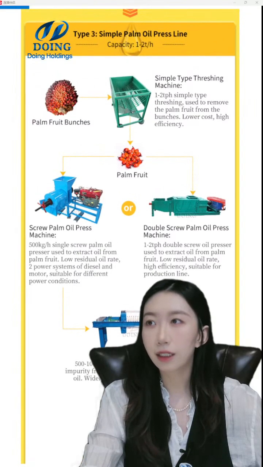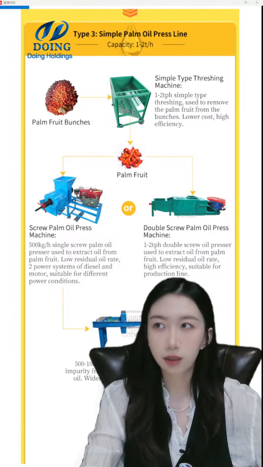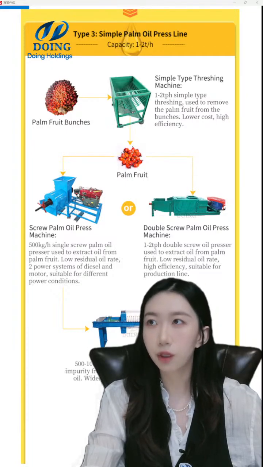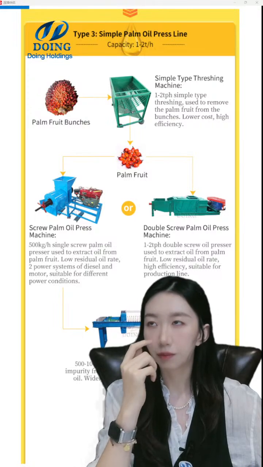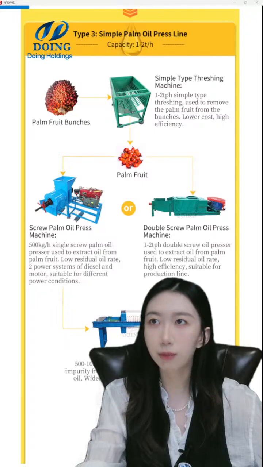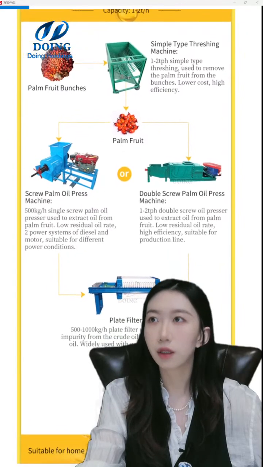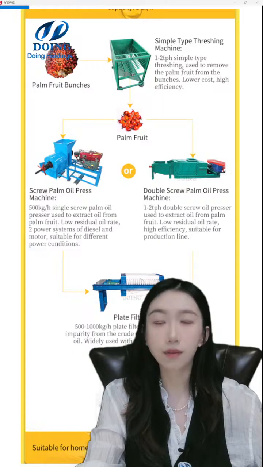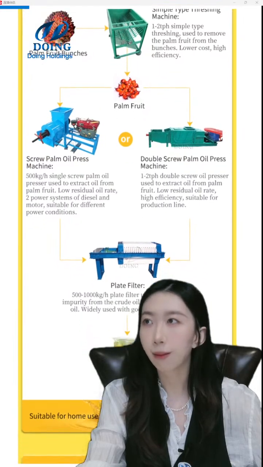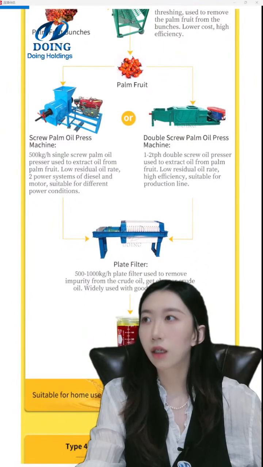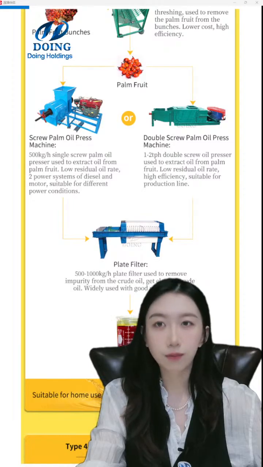The next is the simple palm oil press line. It includes 3 machines. First is the simple type thresher. It removes the palm fruit from the bunches and gives you high efficiency. The next is the presser.